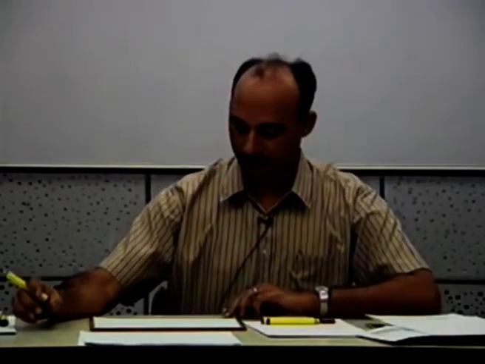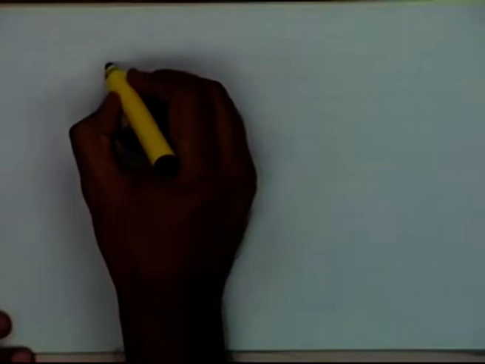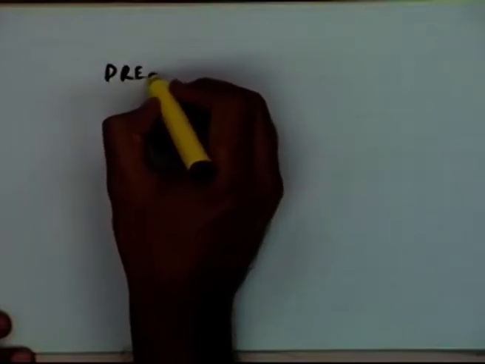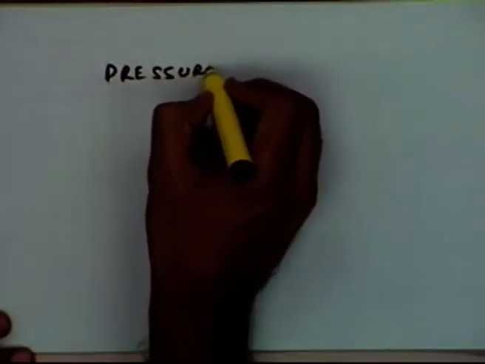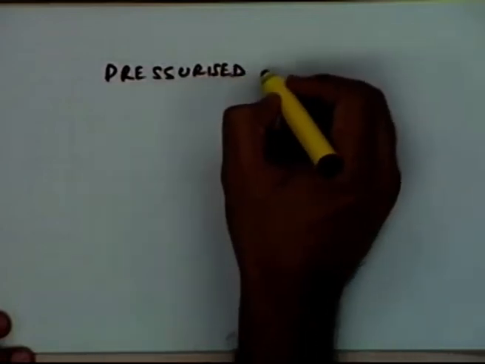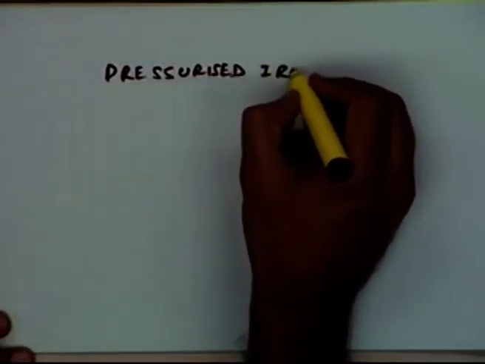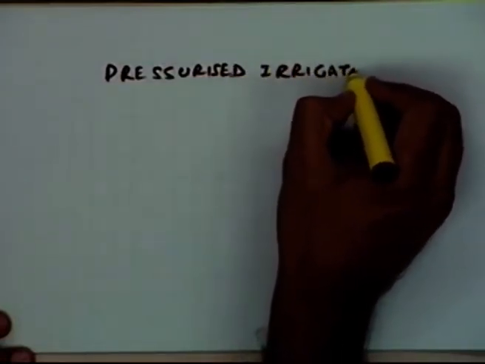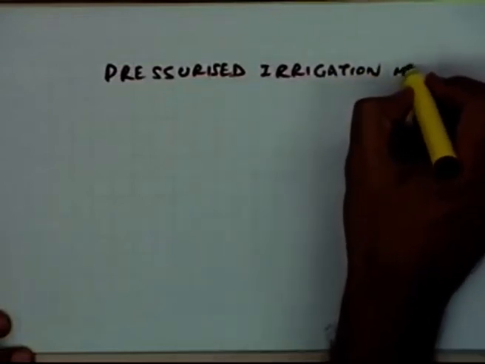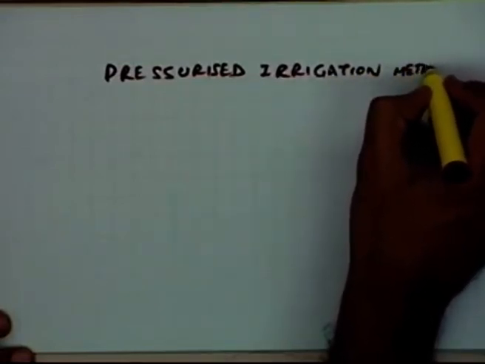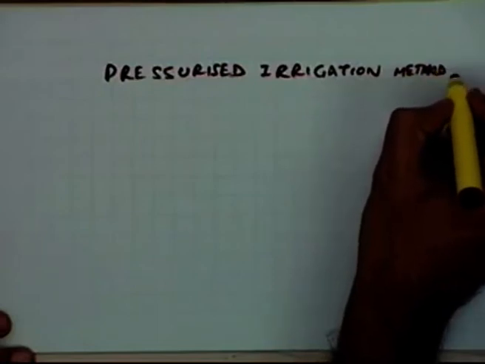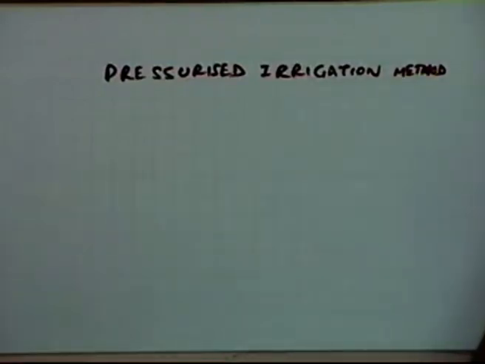Let's go to the last class of methods which we had defined at the beginning. That was pressurized irrigation. Pressurized irrigation method.